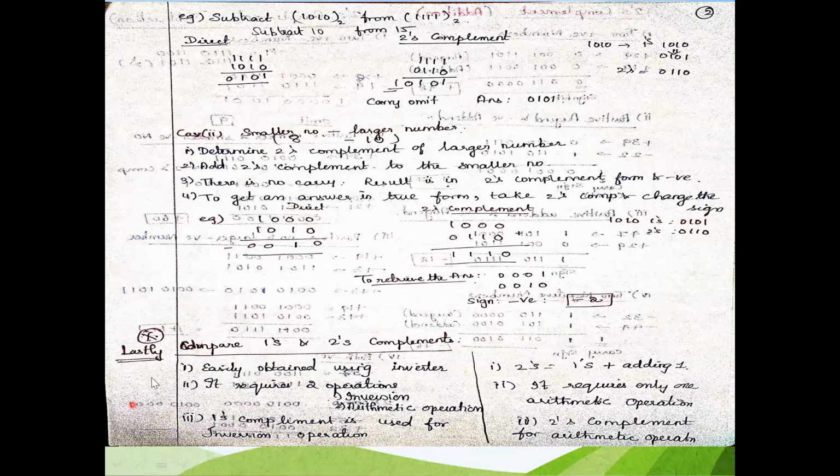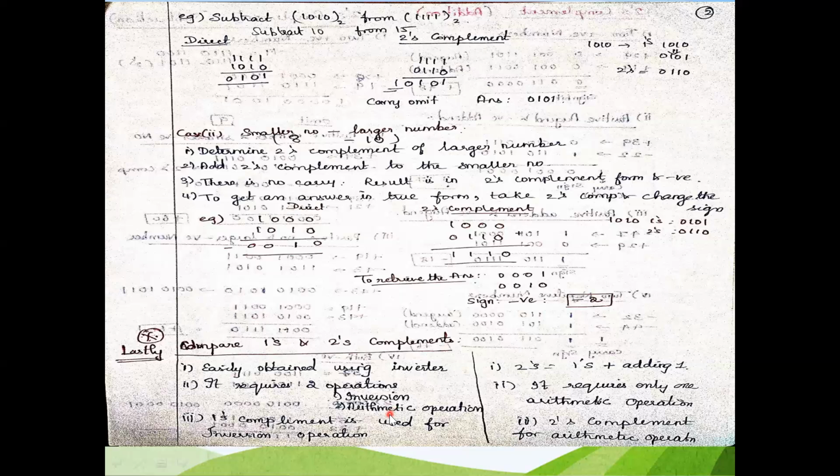In a short recap, comparing 1's and 2's complement: 1's complement can be easily obtained using an inverter alone, whereas for 2's complement we take the 1's complement and add 1. In general, 1's complement requires two operations, inversion and arithmetic operation, because when there exists a carry, we add that carry to the end result.